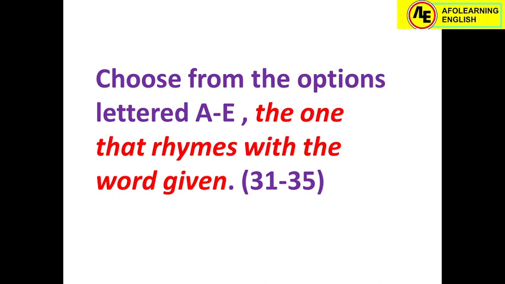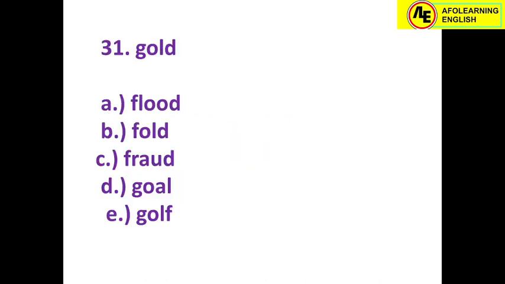So let's move on. Gold. The correct answer here is fold. There's a similarity of sound towards the end of both words, fold and gold. Sometimes the letters can be similar, but most of the time they are not. So you should pay attention to the pronunciation and not the letters. Take note of that.